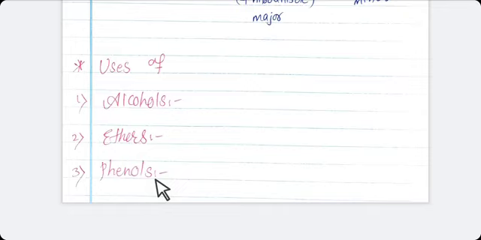Phenols are also used as antiseptic in common products like air freshener, deodorants, mouthwash, floor cleaner, etc. So student, this is the chapter of alcohol, phenol, ether, and this chapter is finished here.